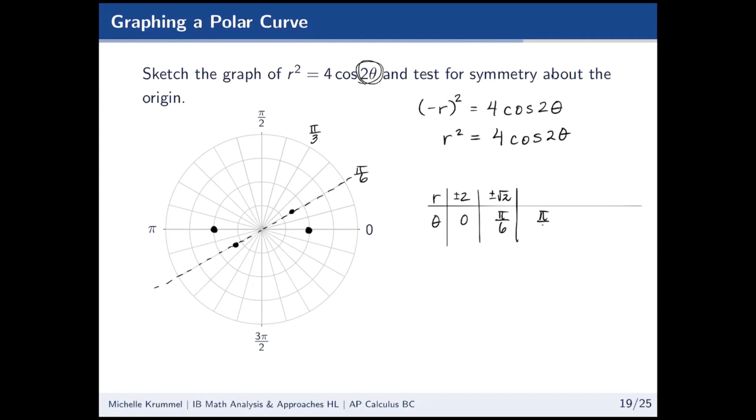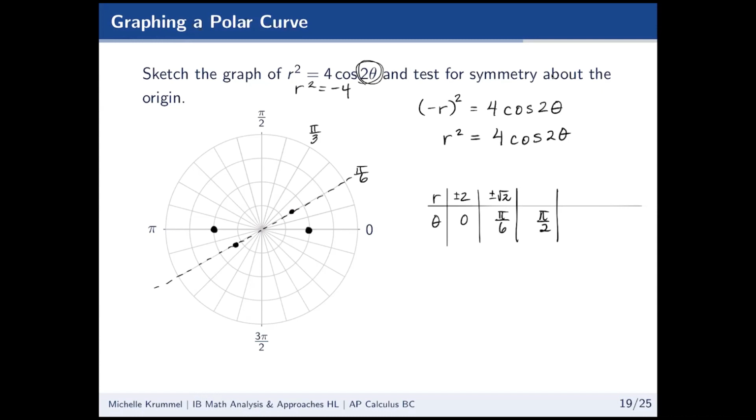Okay, let's try pi over 2. 2 times pi over 2 is pi. The cosine of pi is negative 1. So that's going to say r squared equals negative 4. That's not going to work out for us. So we have a domain restriction here because we're not going to be able to take the square root of a negative value.